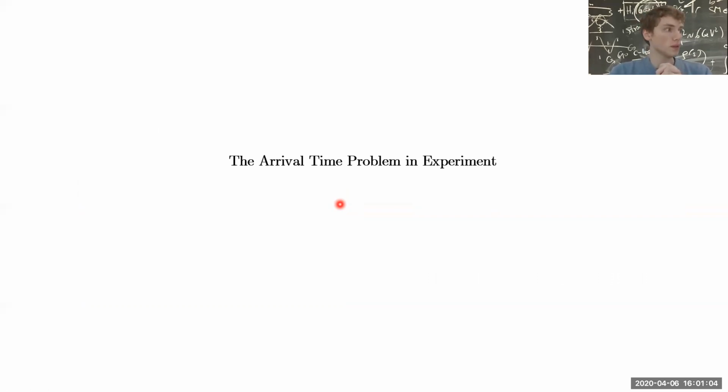Now, I'm going to start by, well, I think the most clear way to introduce the arrival time issue is to describe a concrete example of an arrival time experiment. It's going to be schematic, but I think it's going to give a nice impression of what the arrival time issue is.